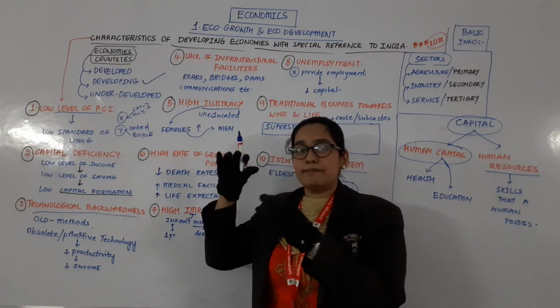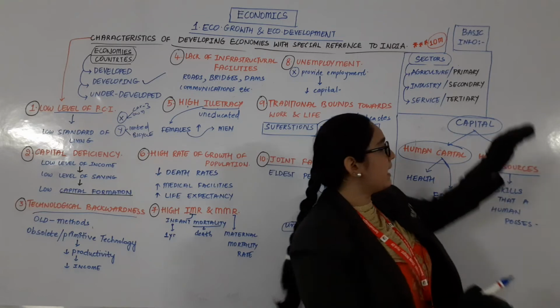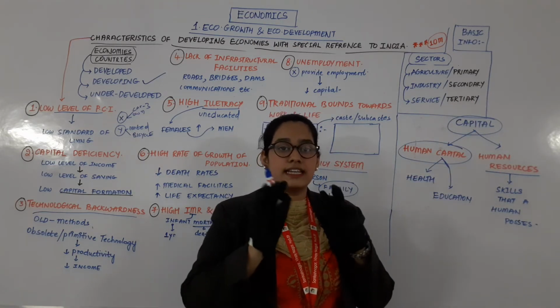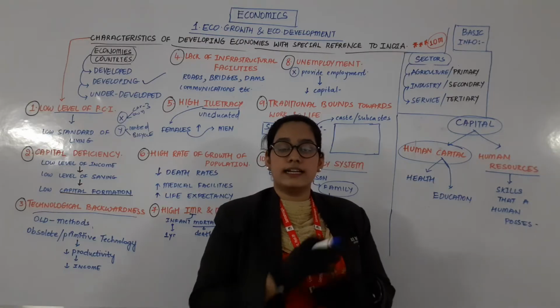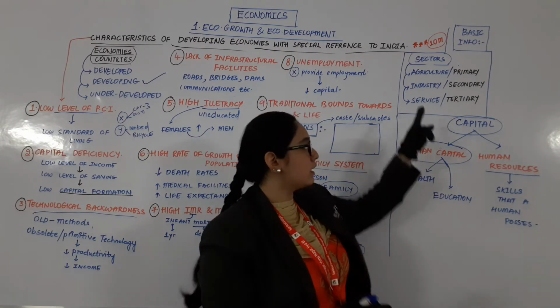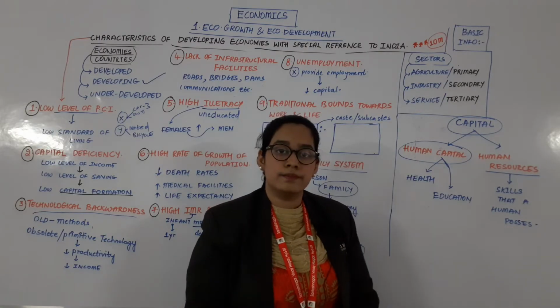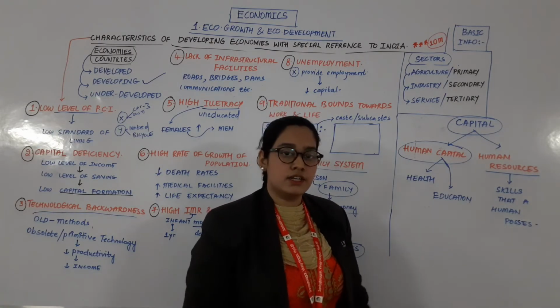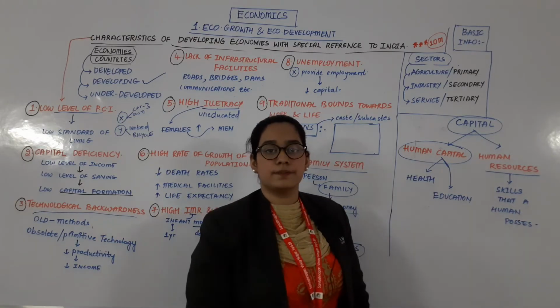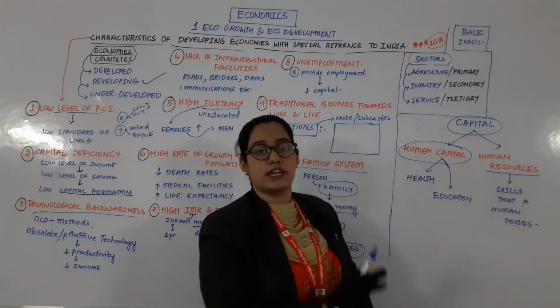Because all the people work in agriculture sector, because agriculture sector doesn't need any qualification, it doesn't require any masters. A person who is uneducated can also join the agriculture. That means he is uneducated, right? So in India most of the people depend on agriculture, which means they are uneducated.